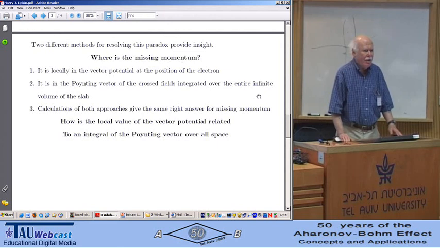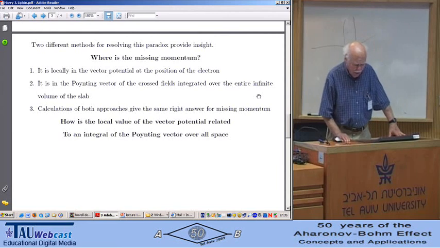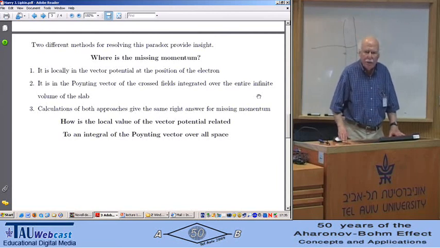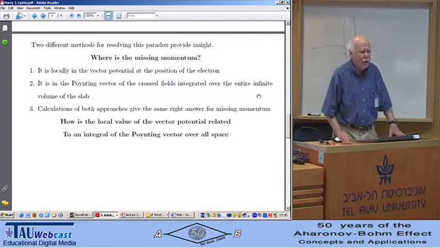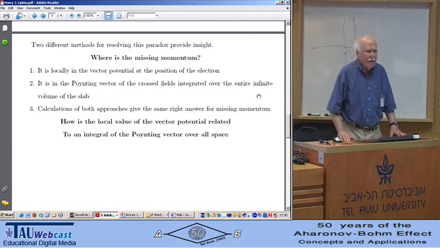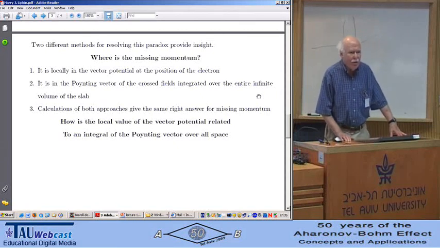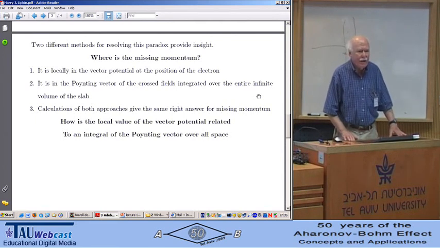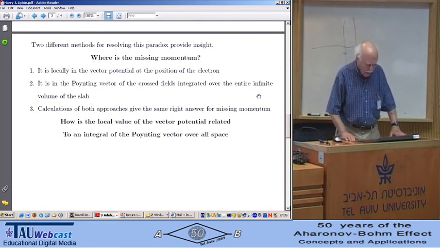You can calculate the momentum by integrating this Poynting vector over the whole slab, from x and y going from minus infinity to plus infinity, and you come out with the same answer. But somehow, this depends on knowing the Poynting vector all the way out to infinity. It seems to be completely non-local.